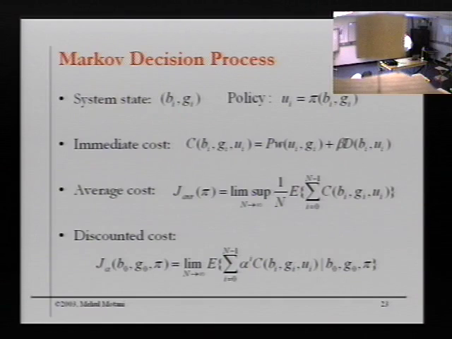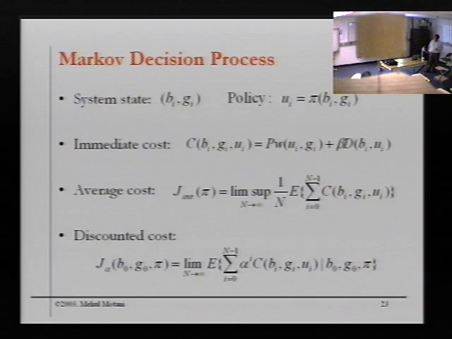So we take the immediate cost and we define our actual cost function, which is an average cost, defined as a function of my policy. And this is the problem we want to solve. We want to find the policy that minimizes it. The problem you started with was you wanted to maximize the average rate subject to a power constraint.